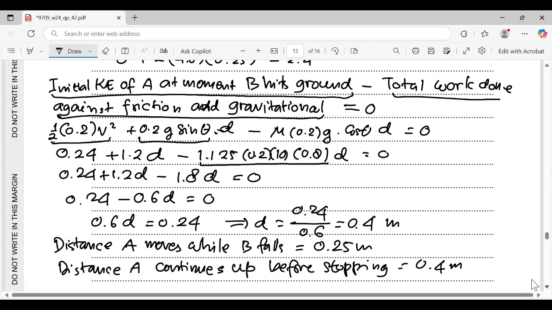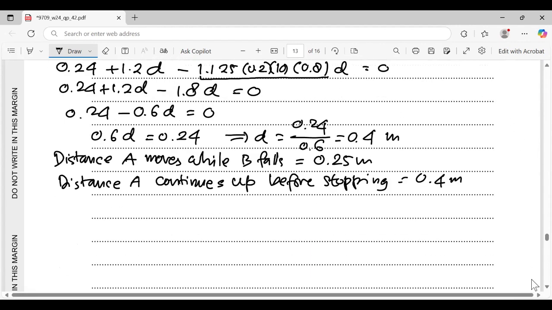So the total distance traveled by A is 0.25 plus 0.4, so 0.65 meters. Sorry.